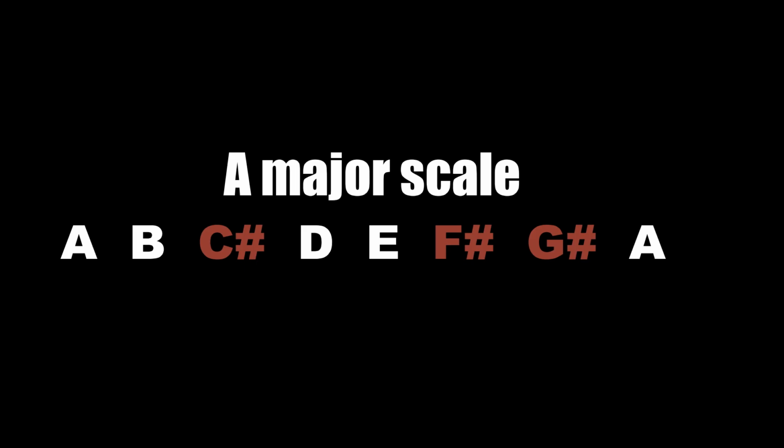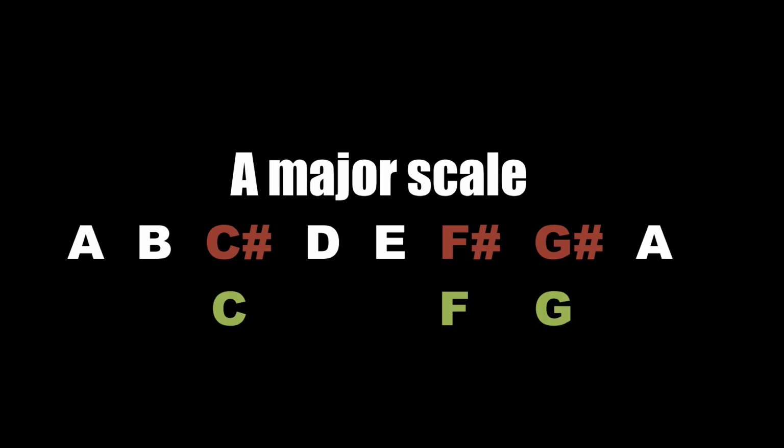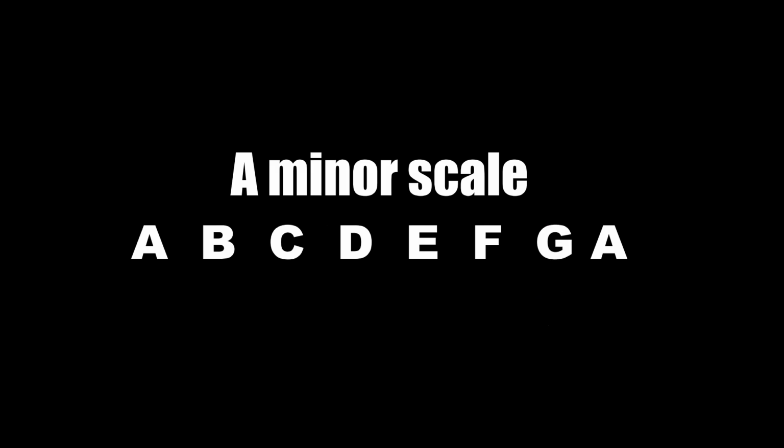First I will flat the C sharp, and as I said, I will drop the note by a semitone. So if I drop C sharp by a semitone, it will be C, and the other notes, F sharp and G sharp, will be F and G. So the new scale will be A, B, C, D, E, F, G, A. Right?